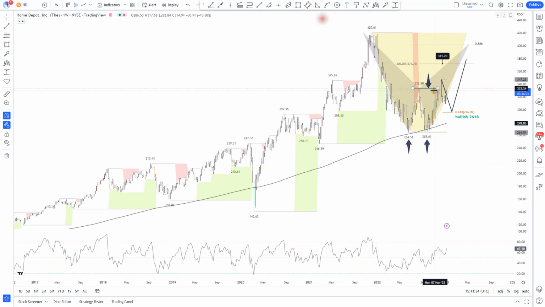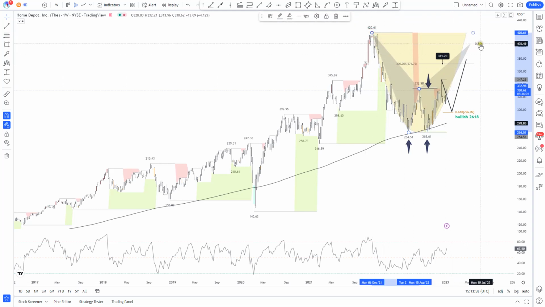So I'm paying attention to the potential bullish 26.18 for Home Depot, and then later, as soon as we approach the highs, I will pay attention, based on the price action. We need to wait for that to develop, but based on what we see at this point, I will not be surprised to see the formation of this bearish pattern at the 88.6.